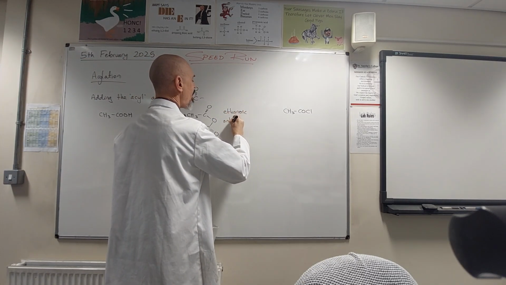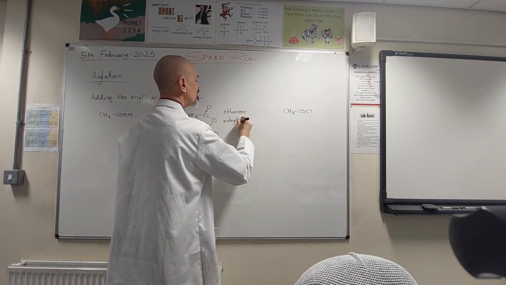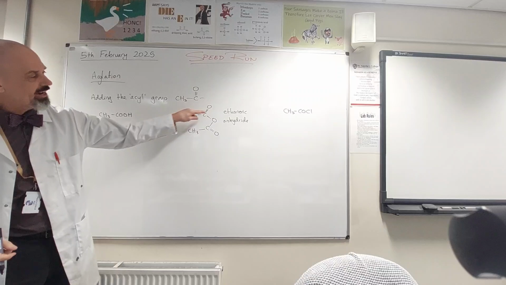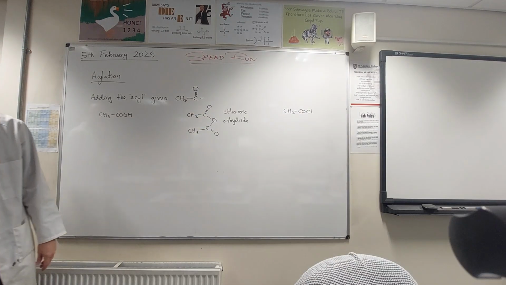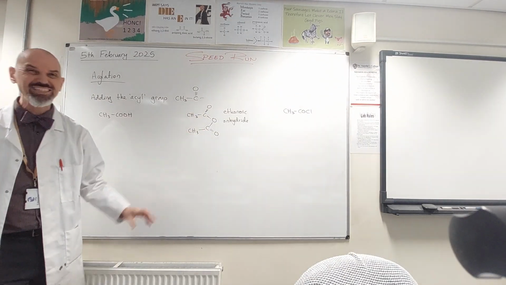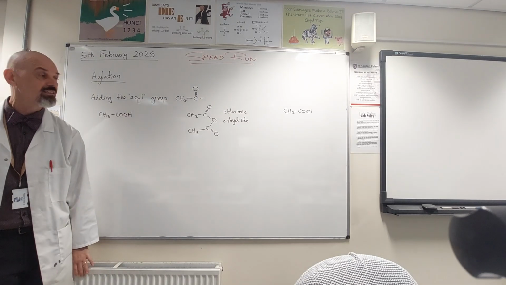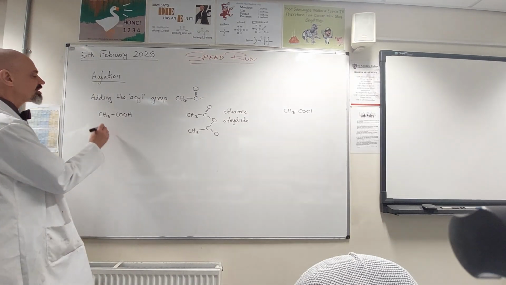So the anhydride is a sort of weird symmetrical molecule about an oxygen, with two carbonyl groups or two acyl groups either side of an oxygen. And it's a very good way of adding an acyl group.